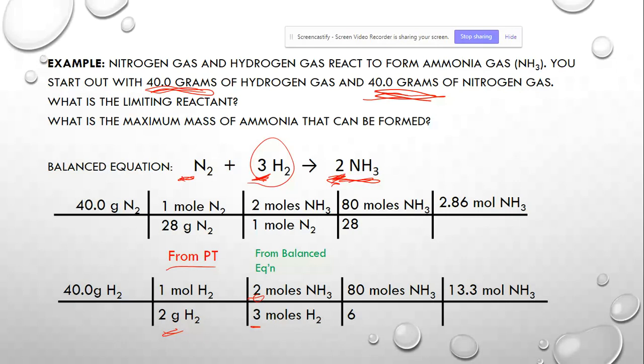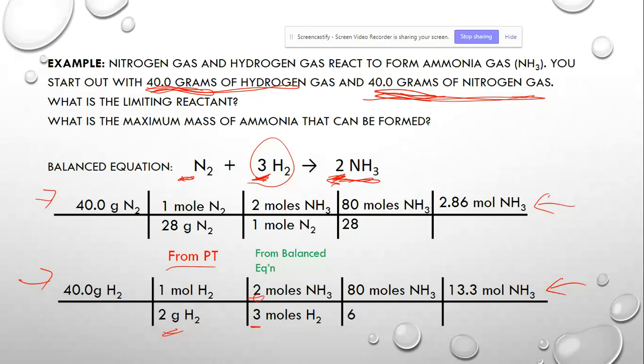So in summation, because you have 2 givens, 40 grams of hydrogen and 40 grams of nitrogen, right? 2 givens in the problem. That means you're going to have to set up 2 ladders, or whatever you want to call these. And then you figure out products. You're trying to go to product.